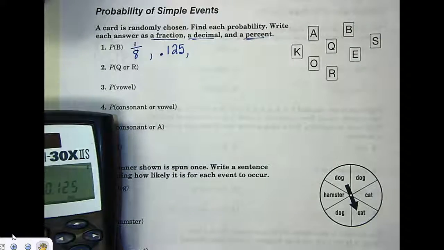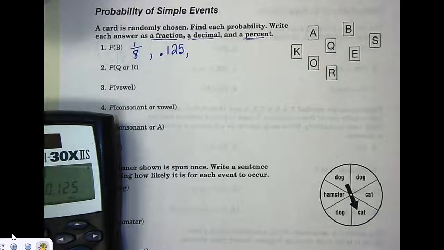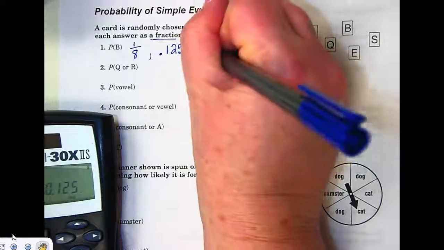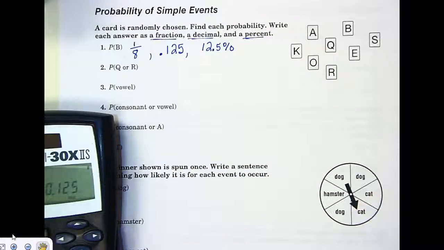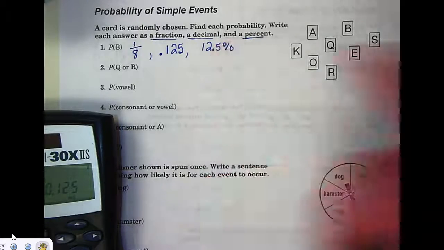And what is that as a percent? Move that 2 places to the right and you get 12.5%. So it's not very likely that you're going to draw a B. It's less than 13%, right?